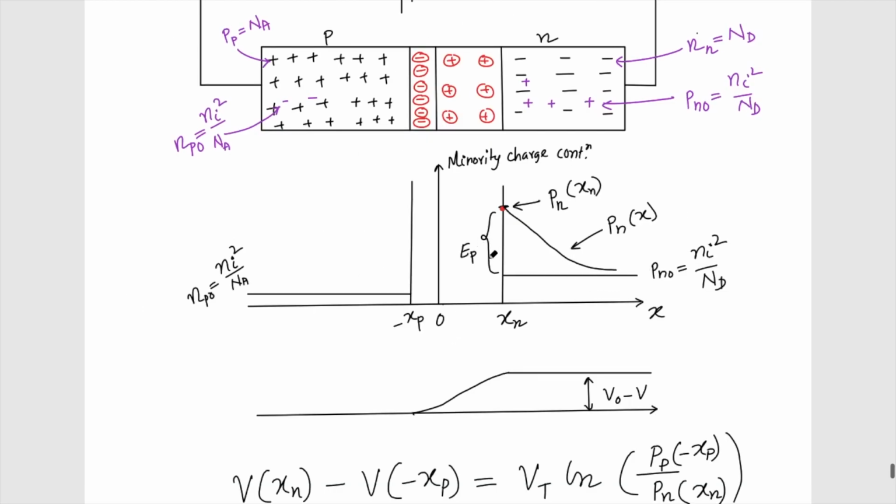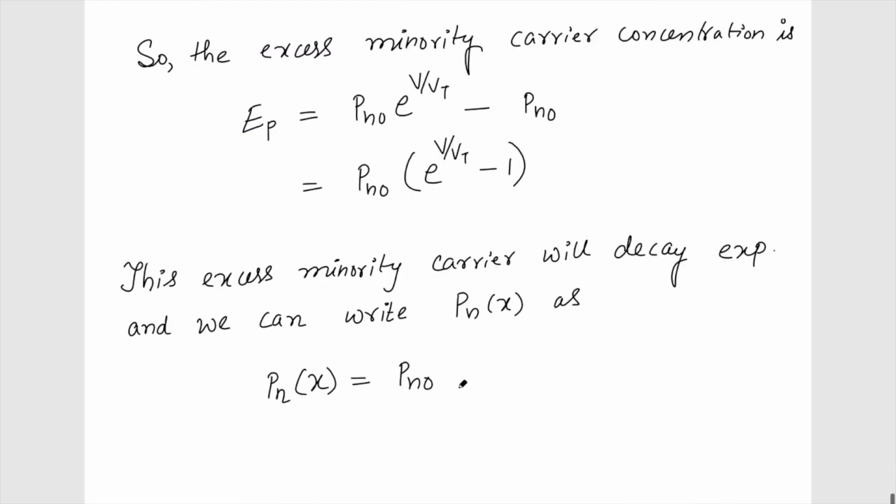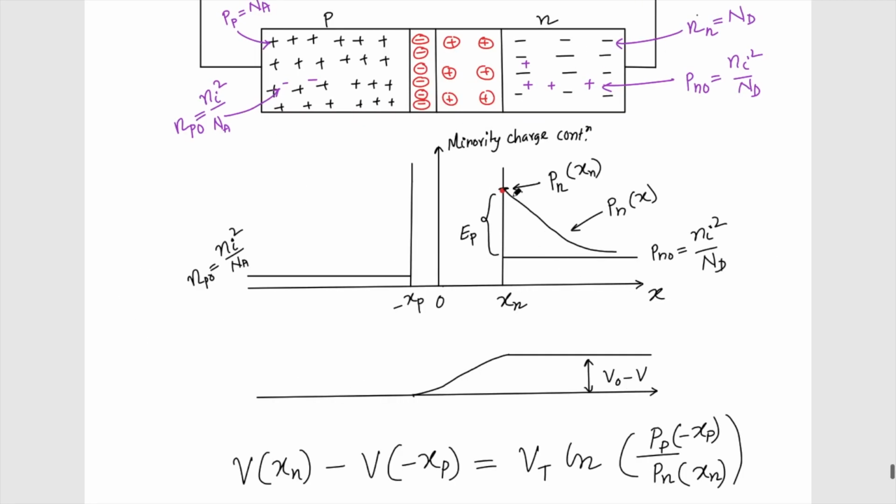Pn0 plus Ep into the exponential decay function, Pn0 plus the excess carrier, which is holes, and it will decay exponentially, but it will start from xn. So the whole thing gets shifted by xn. It starts from here, so that's why x minus xn. The curve has shifted from 0 to here, and it is decaying exponentially.